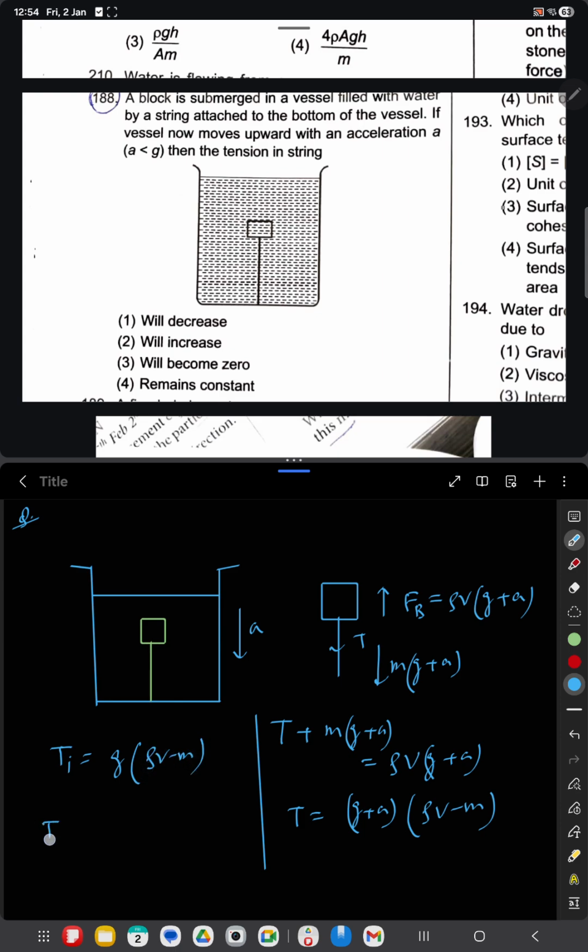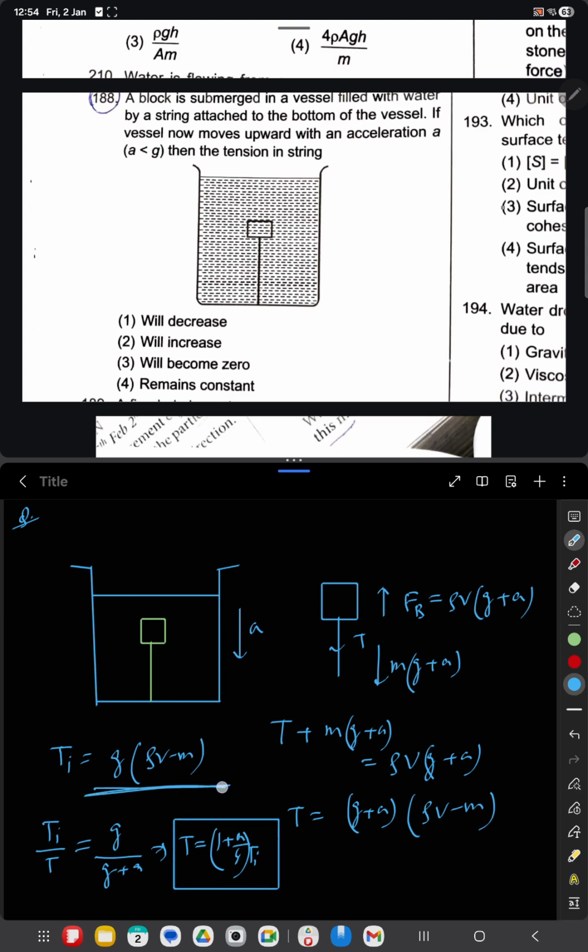If you take the ratio Ti by T, that should be equal to g by g plus a. So T is equal to 1 plus a by g into Ti. You can clearly see that when there is no acceleration, the tension will be lesser compared to when there is some acceleration. So the tension will increase in this case.